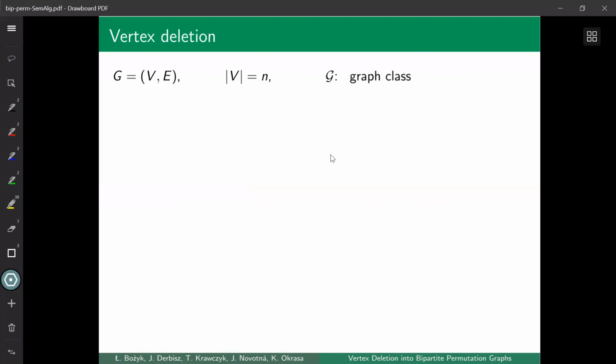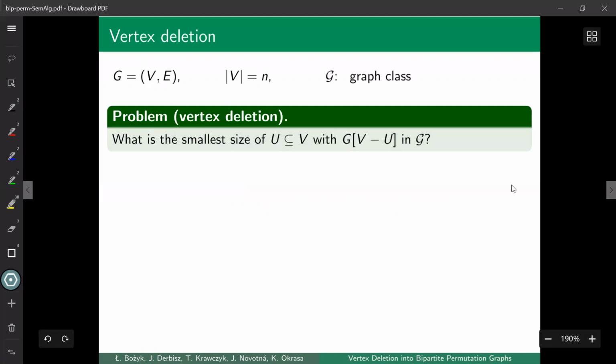For example, because it admits better solutions to some problems that are hard in general. And because this graph class is our favorite, we want to modify our given graph in order to obtain a graph from the class. More precisely, in the problem of vertex deletion, we want to delete the smallest number of vertices in order to get a graph which belongs to our class.